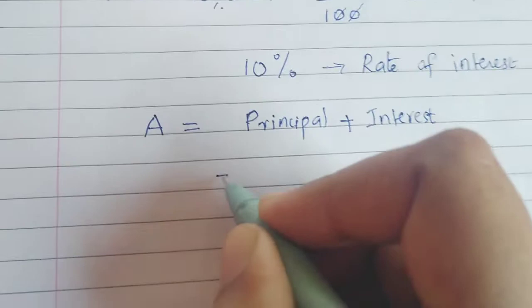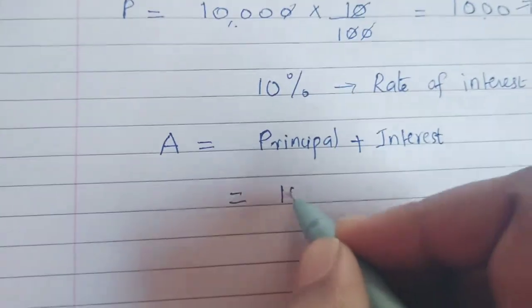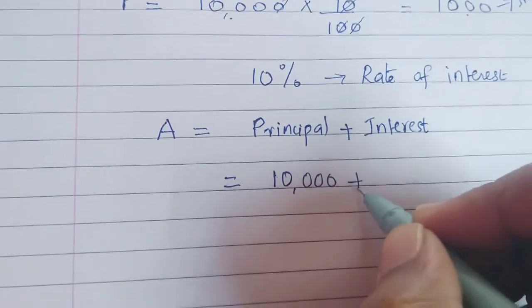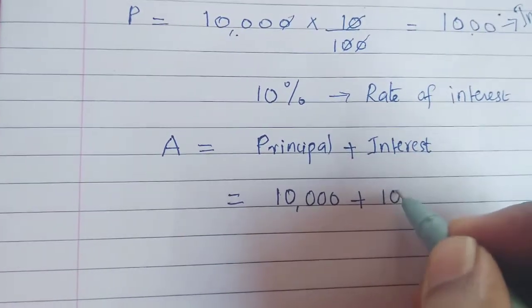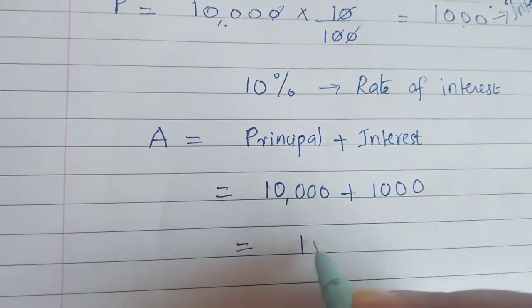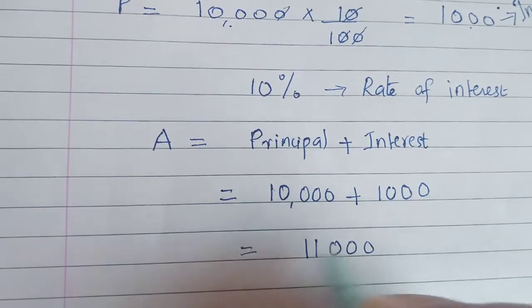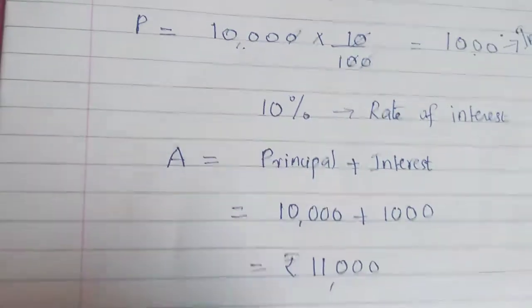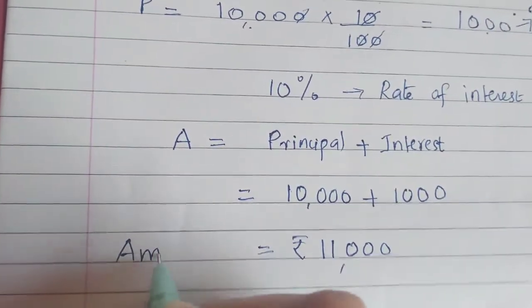So here you are getting principal, the first amount which you deposited in the bank, plus the interest, that is 1,000 rupees extra. So in total you are getting 11,000 rupees, isn't it? So this 11,000 rupees is nothing but your amount.